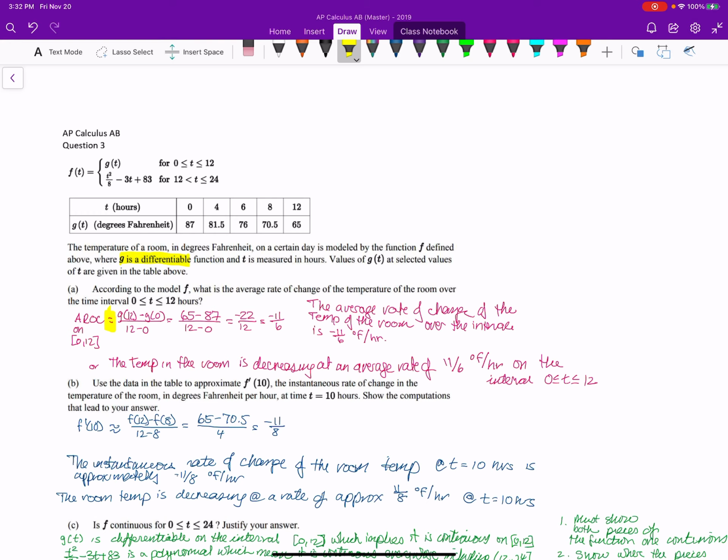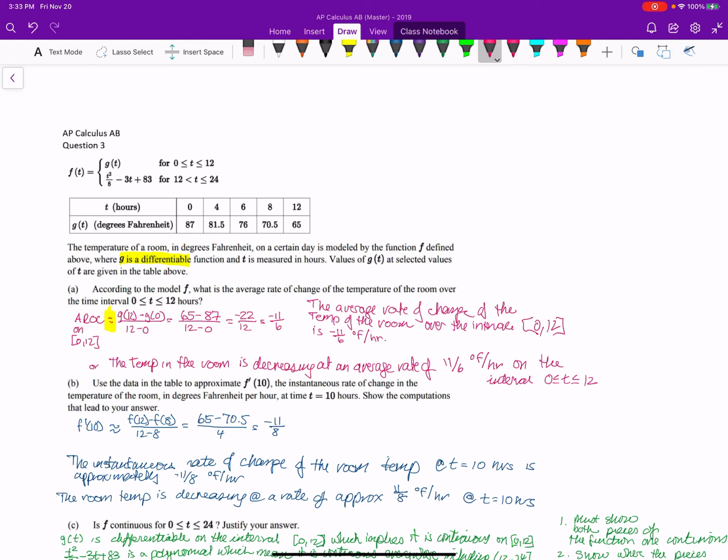If I'm going to put it in words, which is coming next, I might as well practice that. It says you can write it in two ways. The average rate of change in temperature of the room over the interval, oh, I forgot, I think I erased the interval here, over the interval 0 to 12 is negative 11/6 Fahrenheit per hour.